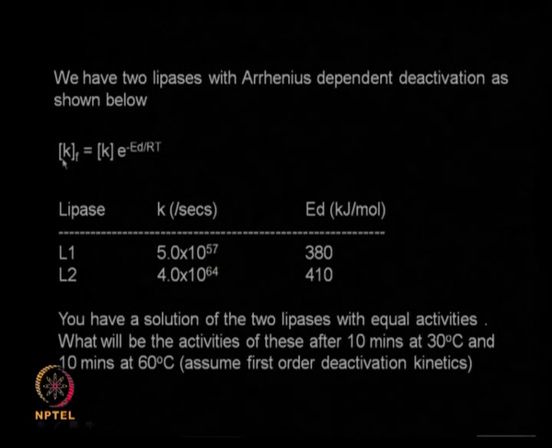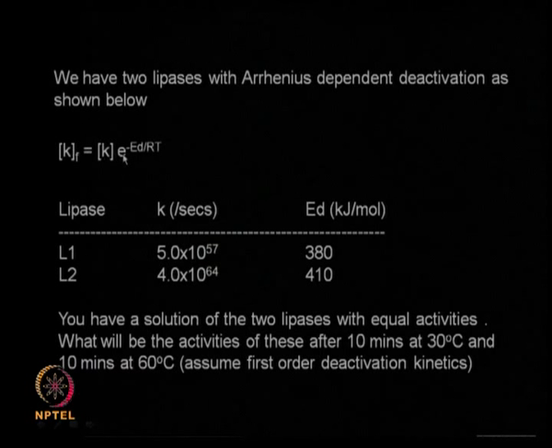The actual rate constant depends upon the temperature in this fashion: k equals k0 e power minus Ed by RT, where Ed is the deactivation activation energy. So if the temperature goes up, the deactivation is much higher, and if the temperature is low, deactivation is low, that is a normal thing.